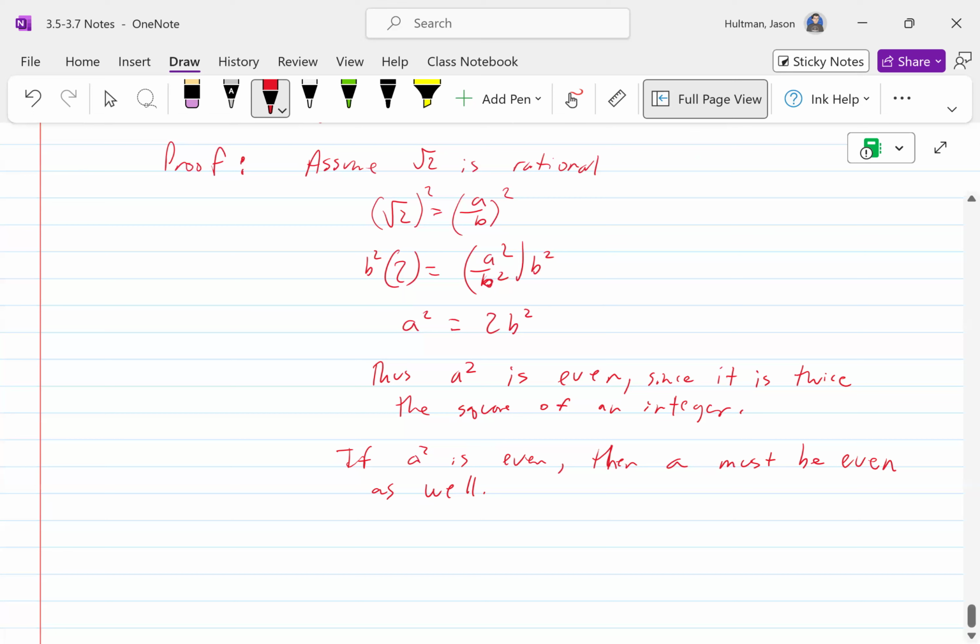If a squared is even, then a squared equals 2m. Then why must a be even? Did we prove that by contradiction? I feel like we proved something about even and odd.